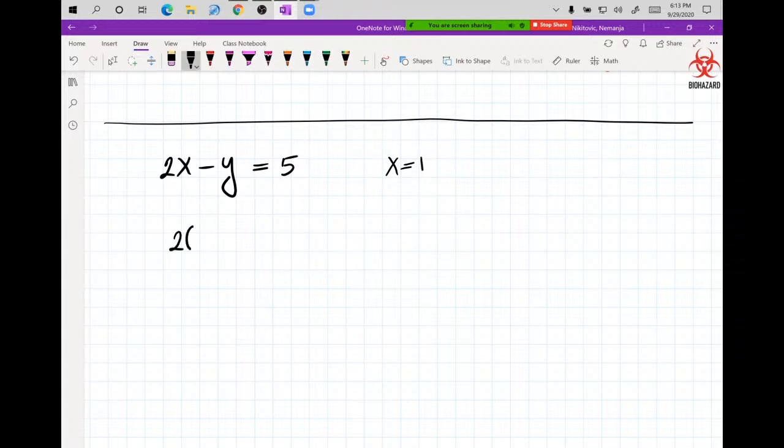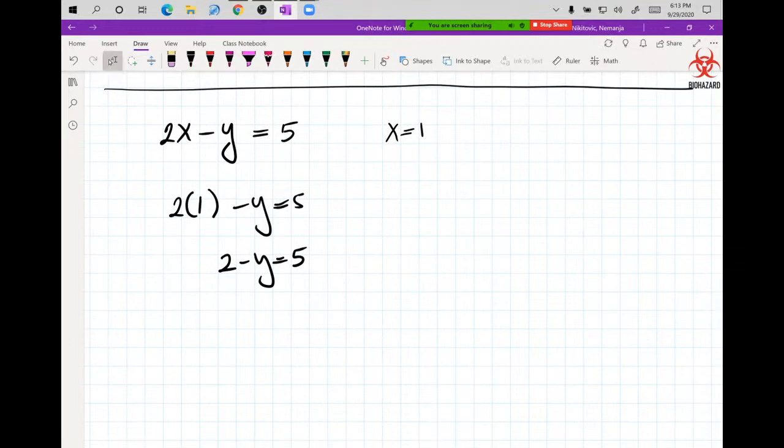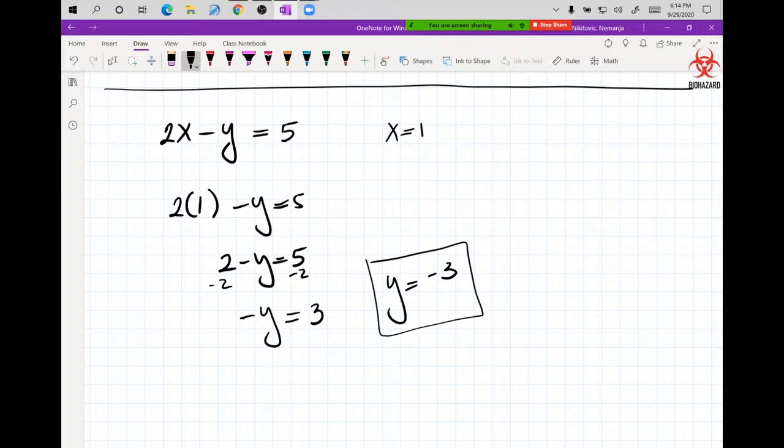So I'm going to say 2 times 1 minus y equals 5. That's 2 minus y equals 5 when I multiply 2 times 1. And now we subtract 2 on both sides. We get negative y equals 3. So y is negative 3. Is it? Yeah, y is negative 3.